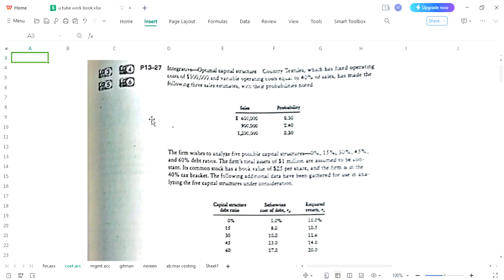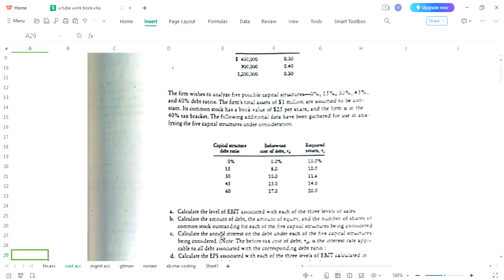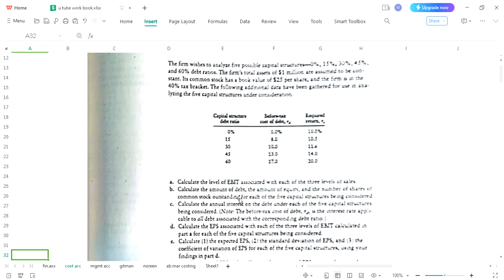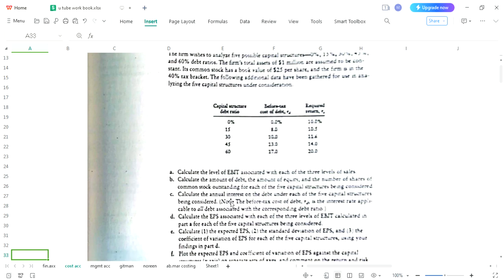We have all inputs present here: sales with three different probabilities, and the equity ratio written in five different ways. We need to calculate EBIT, the amount of debt, the amount of interest, and then EPS.